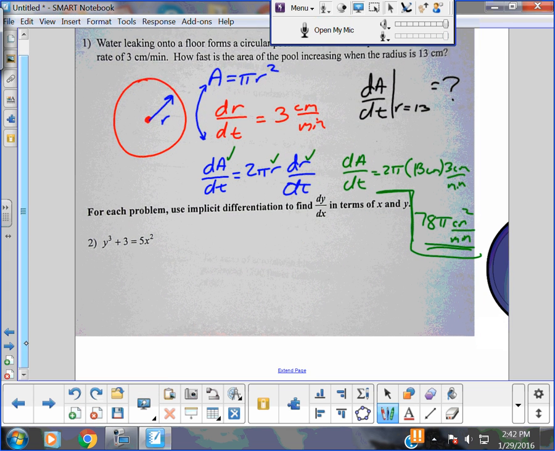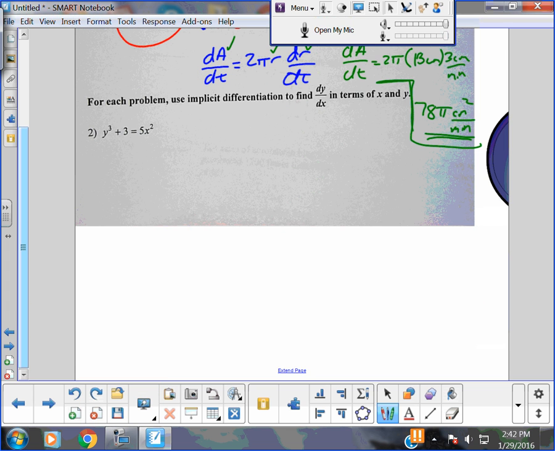So, I take the derivative here, and I get rid of the number 2 so I don't get confused. The derivative of y cubed is 3y squared. We're doing with respect to y. 3y squared. And I'm not going to write dy. I'm going to write dy and then divide by dx in my head, and just write y prime. The derivative of 3 is 0 dx. 0 dy, doesn't matter.